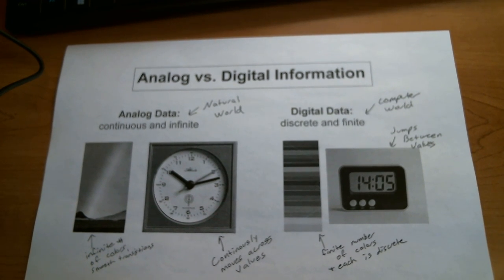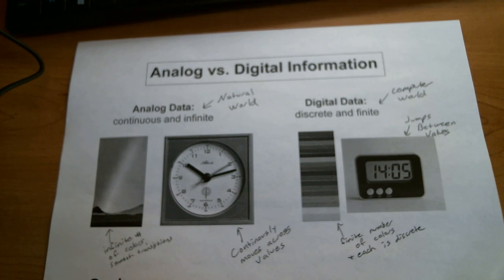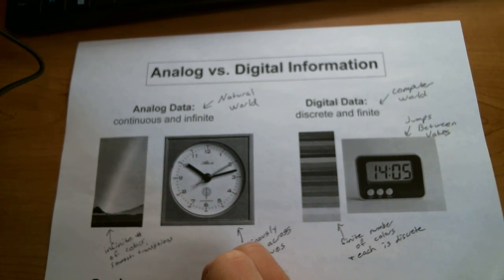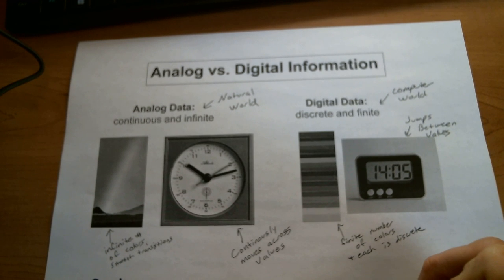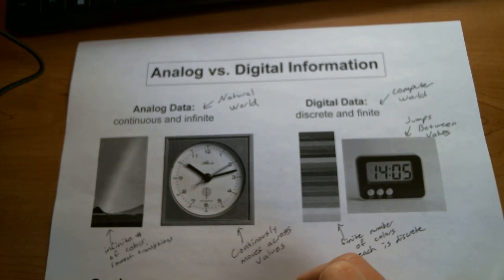Now, the goal when we're using computers is to represent enough of the infinite world, because it's infinite, we can't represent all of it, on a computer to satisfy our needs.